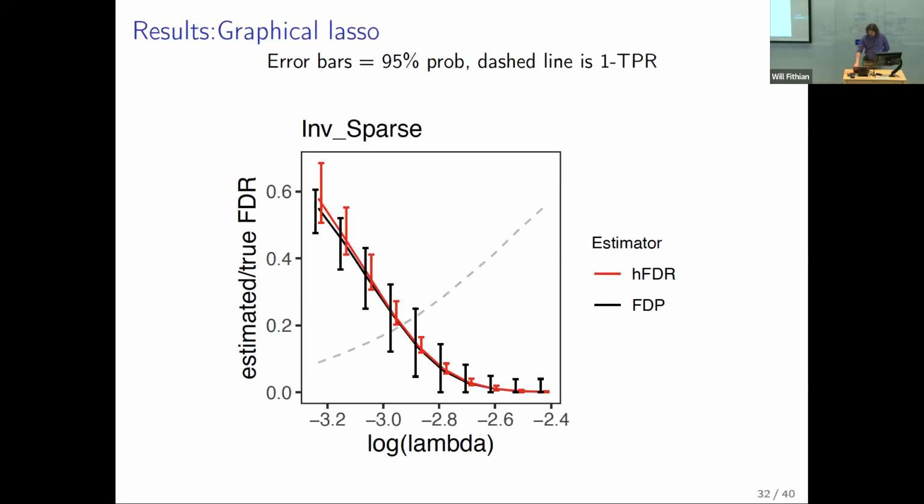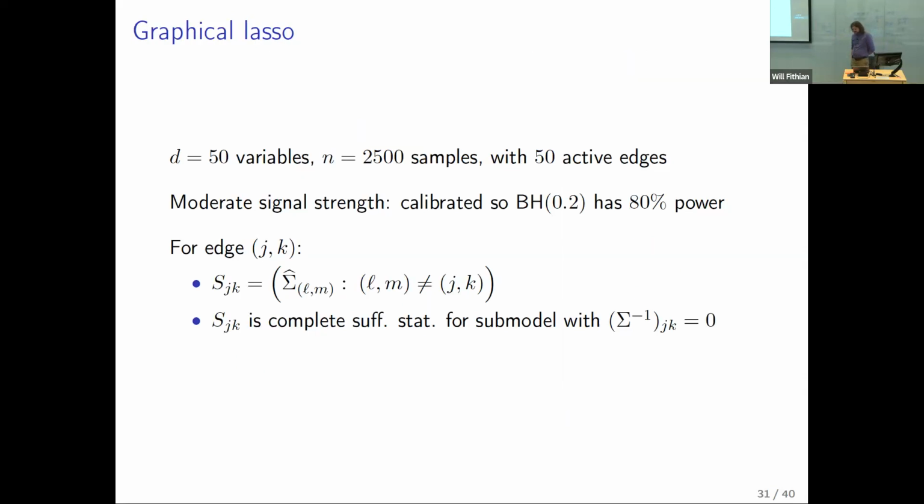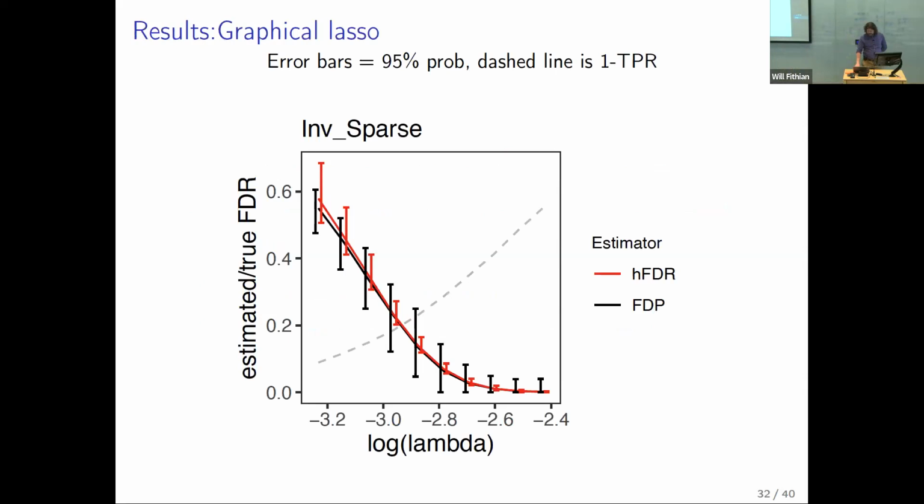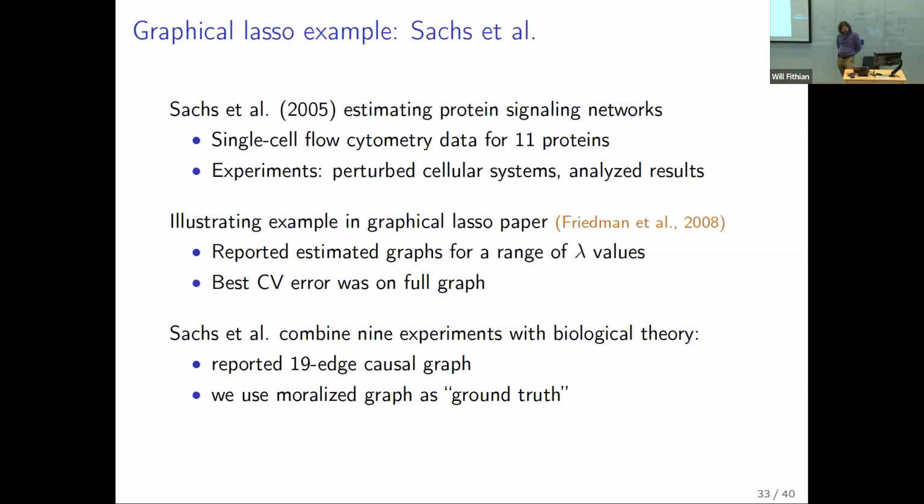So that's our sufficient statistic, and there is a test statistic that this is built on for each edge. Okay, so again here, the method is working pretty well, fairly low bias and fairly good error rates.